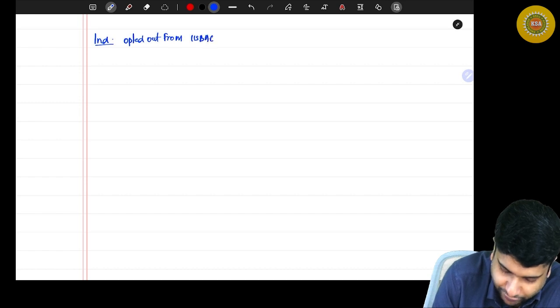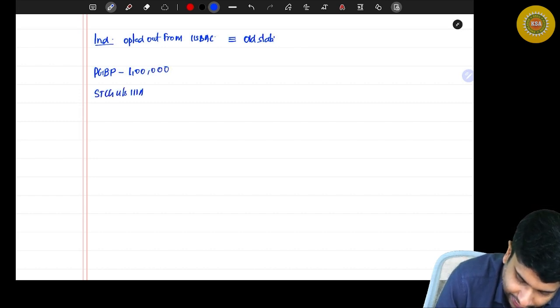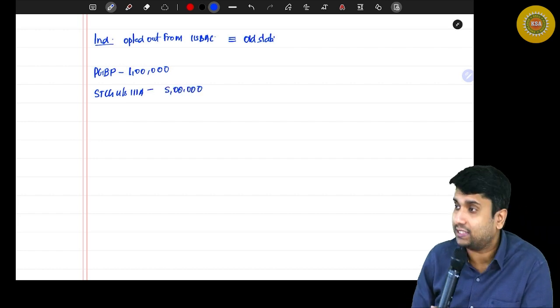Opted out from 115BAC means I've opted for the old slab. And I am having some PGBP income of rupees 1 lakh. And I'm having short-term capital gain taxable under section 111A, say 5 lakh.